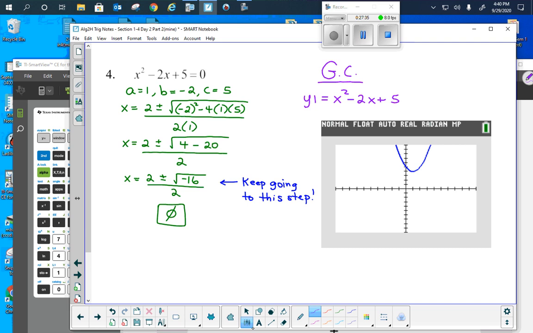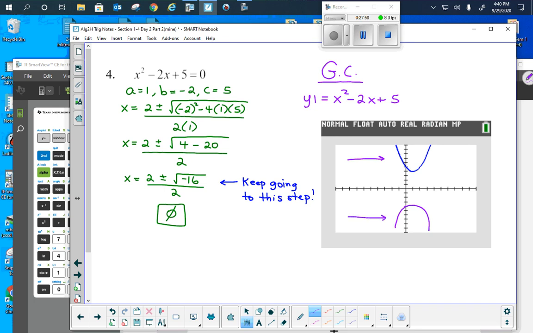Now the question is, let me ask you a couple of things. So one, why is this graph completely above the x-axis? Because I could have a parabola down here, right, that never touches the x-axis. Well, think about what's happening.